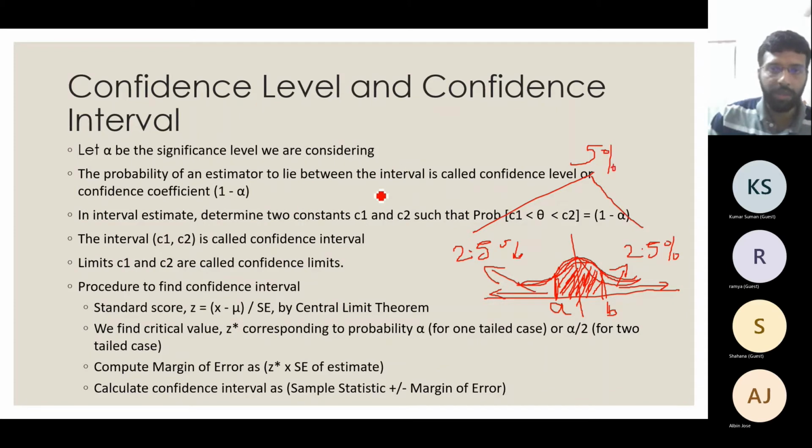This area that we reject will be called the critical region or rejection region, and the range that we are accepting will be called the acceptance region. So this is how I will do it for my two-tailed test. Similarly, if I am given 10% as my alpha, then I have to find the left tail 5% and similarly the right tail 5%.